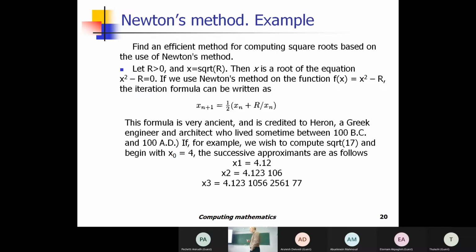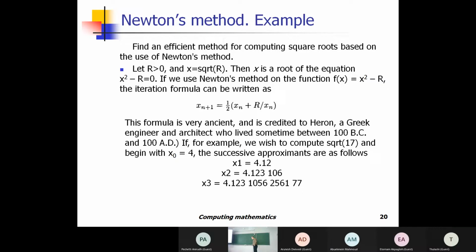And the final step, let's formulate this problem in terms of the root finding problem. f of x equals x squared minus R, equals 0.